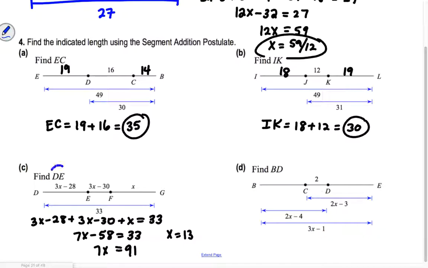We asked for DE, right? So now we find the second part of the problem. We're like, oh, well, DE is going to be 3 times 13 minus 28. So 39 minus 28 is 11. That's what DE is. So one thing at a time.